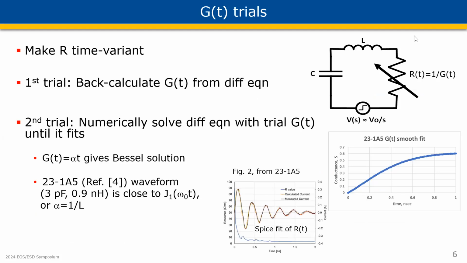Well, let's look at GUT trials, this variable resistance, before we move on any further. The first thing, okay, we're making the resistance time invariant. And the first thing we did was back calculate what GUT would have to be from the differential equation solution using a waveform.